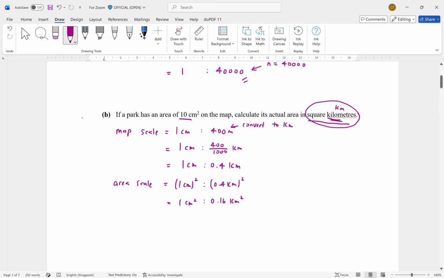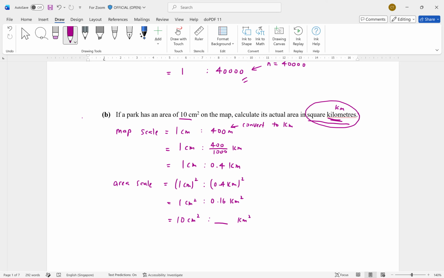What this means is that an area of 1 cm square that you can see on the map, on the actual ground, represents an actual area of 0.16 kilometers square. Now they say that the park has an area of 10 cm square. So what would be the area in kilometers square on actual ground?